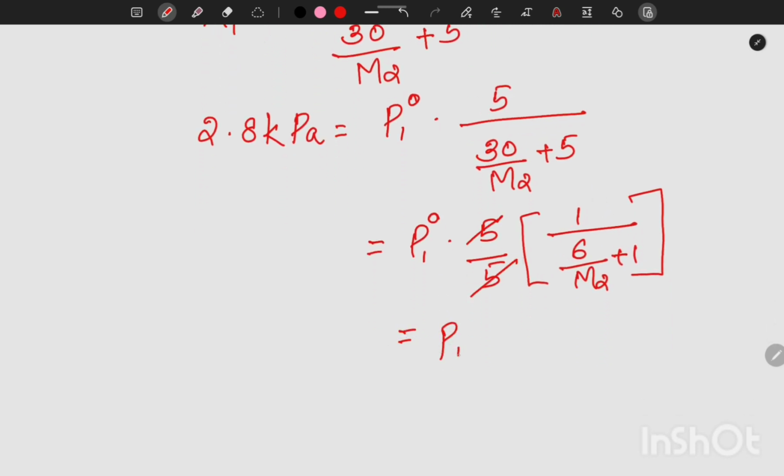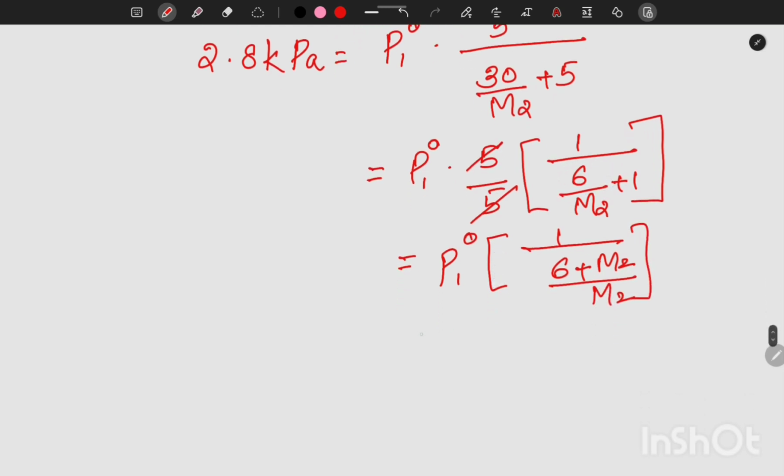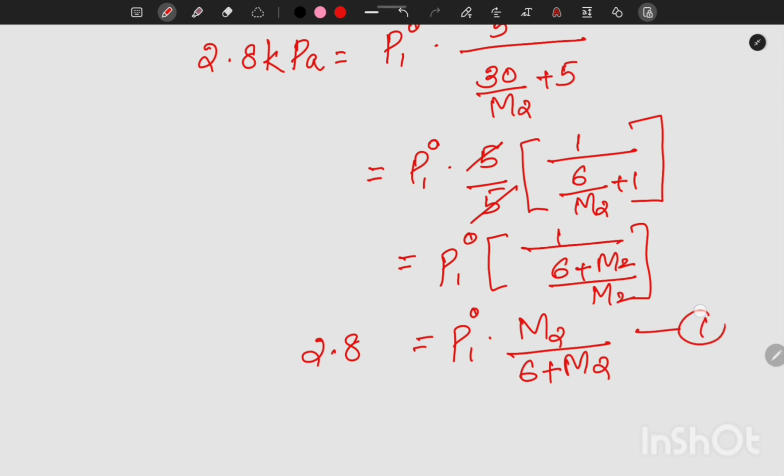That is equal to P1⁰ into 1 by 6 plus M2 by M2. That is equal to P1⁰ into M2 by 6 plus M2. So 2.8 is equal to P1⁰ into M2 by M2 plus 6. Let it be equation 1.